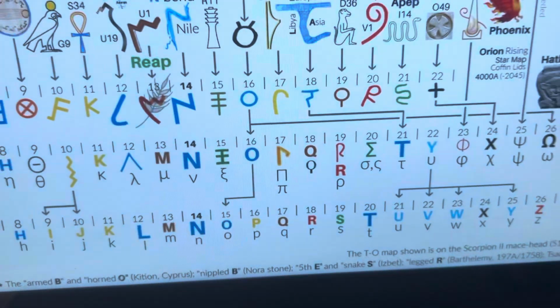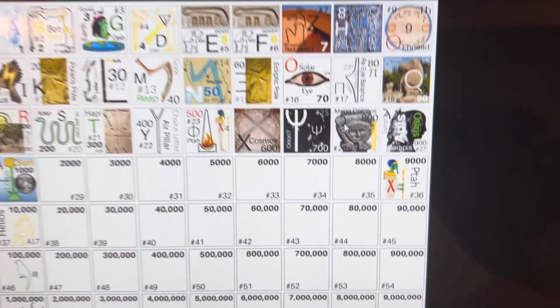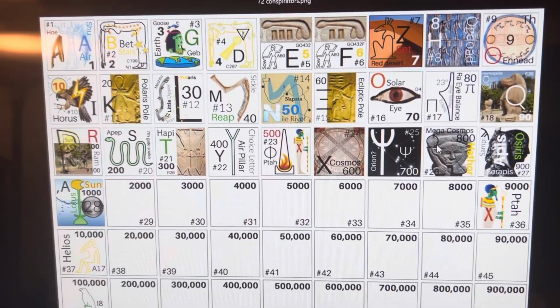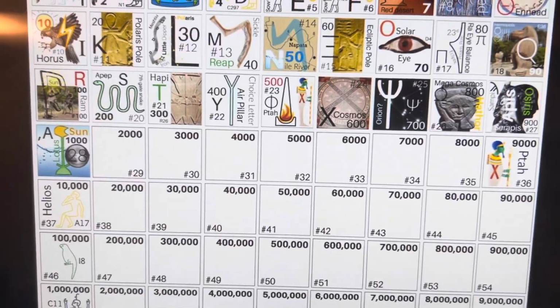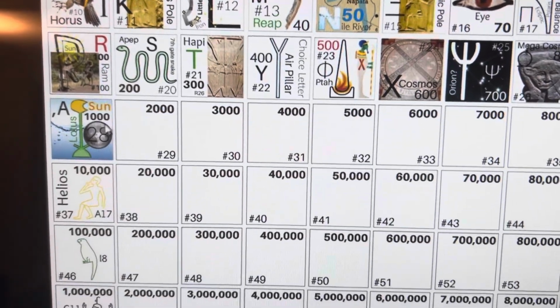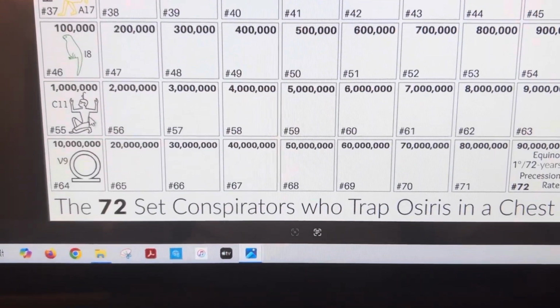So what this means is that originally the Egyptians had a mathematical number system, with values 1, 10, 100, 1,000, 10,000. 100,000 is the tadpole.